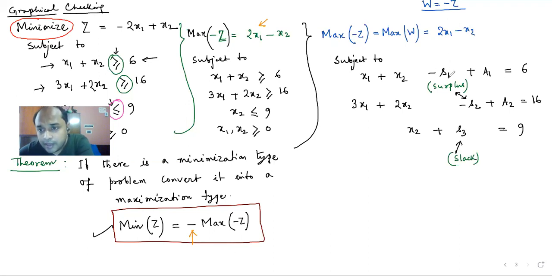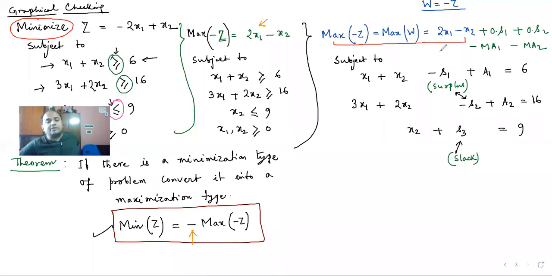So s1 is there, we will write plus 0 into s1. s2 is there, we will write plus 0 into s2. a1 is there, we will write minus M into a1. a2 is there, we will write minus M into a2. Only there is a change at this point because it is a minimization type of problem. So we have converted that into a maximization type of problem.